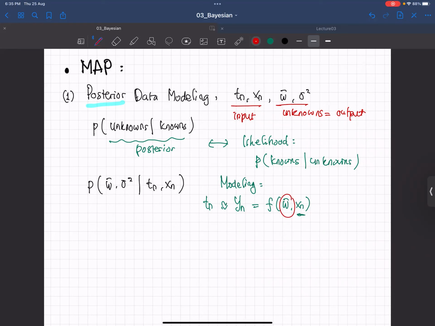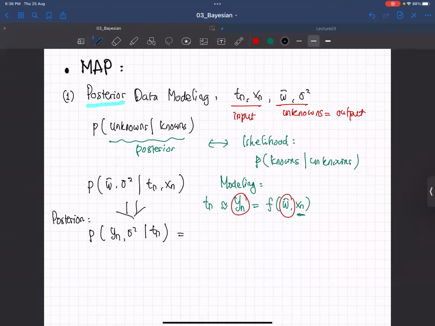When we talk about W bar, we actually imply Yn. So Yn and W bar are like twins. They are interchangeable because Xn is known. All right, so because of this reason, we can write P of Yn, sigma square given Tn. That becomes our posterior. Does it make sense? Any questions up to this point?